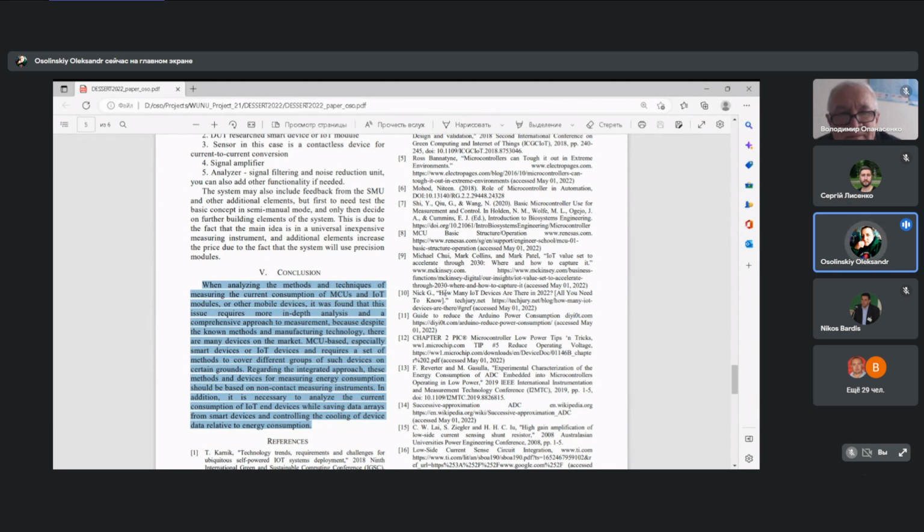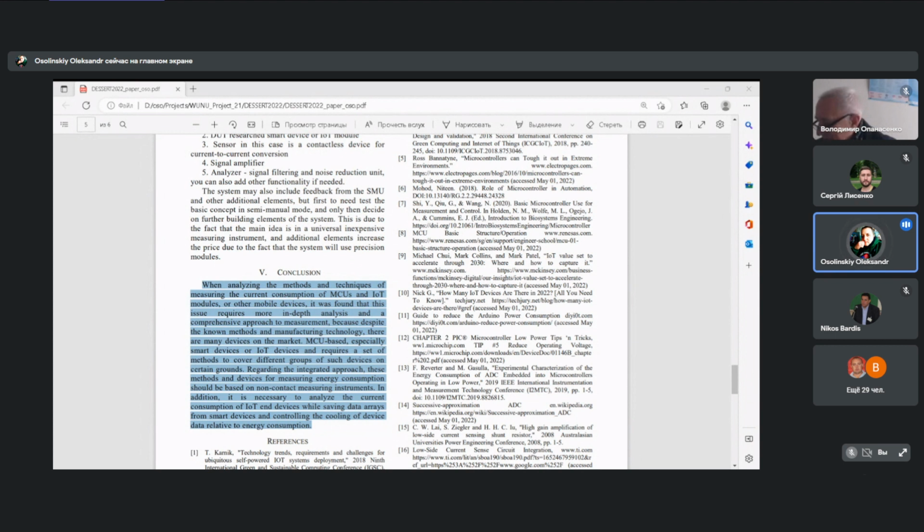If we try to analyze IoT devices or some smart devices, the first thing we need to do is divide these devices into some groups before analyzing, because we have new versions and new models of IoT devices all the time.